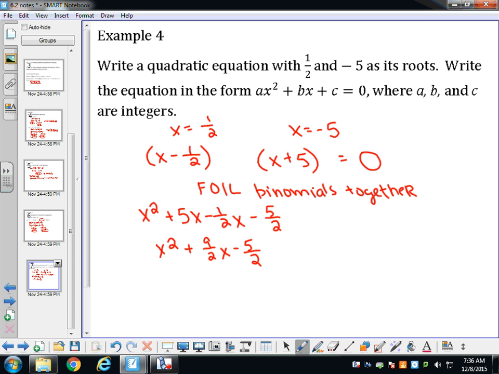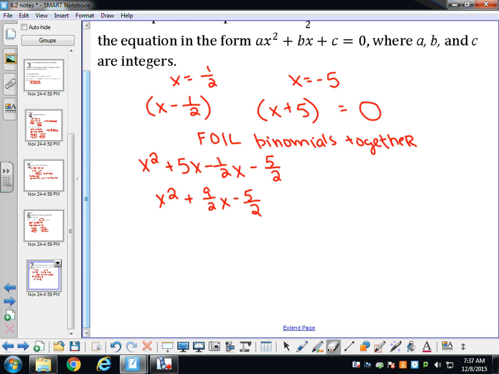So what I want to do is multiply each side by 2 to get rid of the 2 in the denominator. This thing still equals 0. I'm going to multiply the whole thing through by 2.